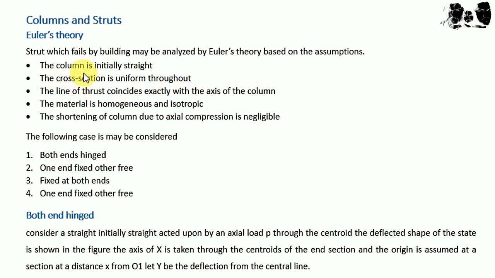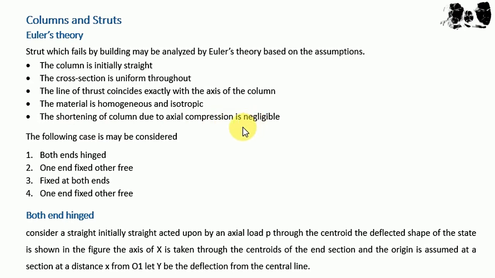The assumptions are: the first assumption is that the column is initially straight. Second, the cross section is uniform throughout. The line of thrust coincides exactly with the axis of the column. The material is homogeneous and isotropic, as usual. The shortening of the column due to axial compression is negligible.